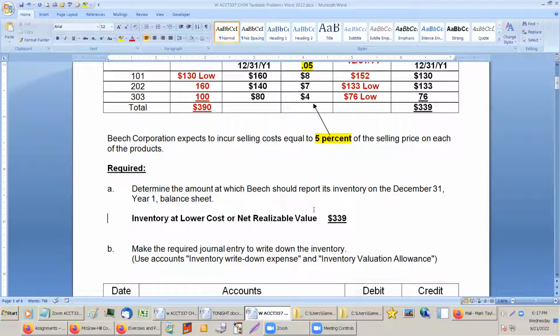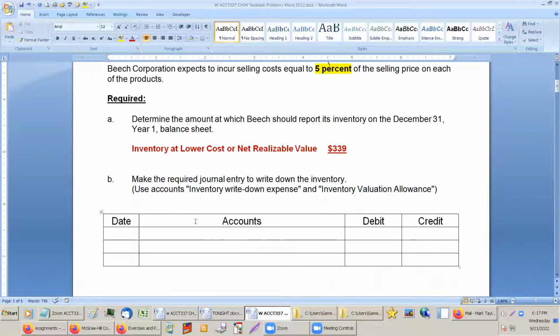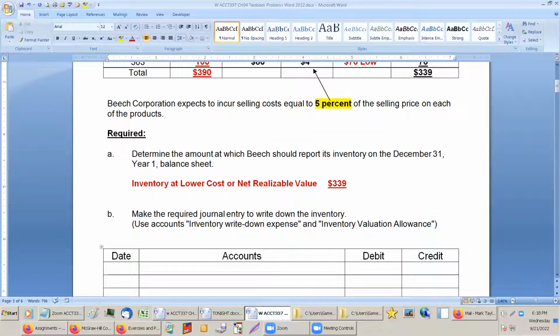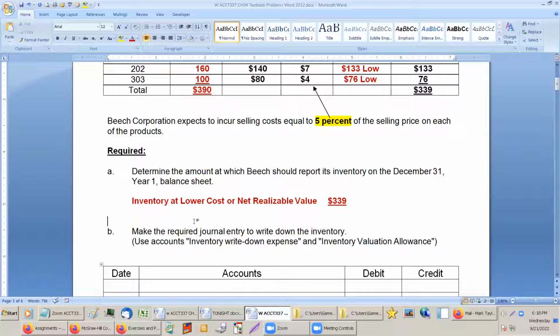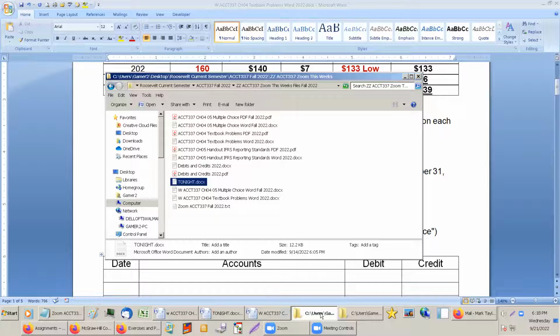Okay, so this is what they should report it on there. And so my difference in credits.